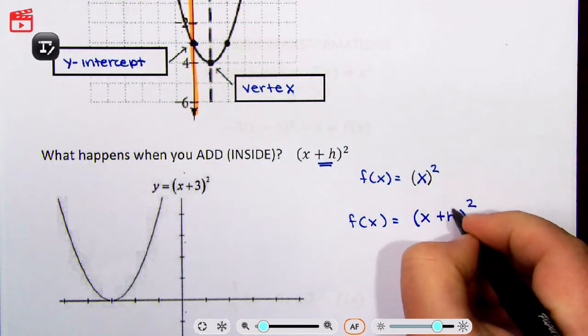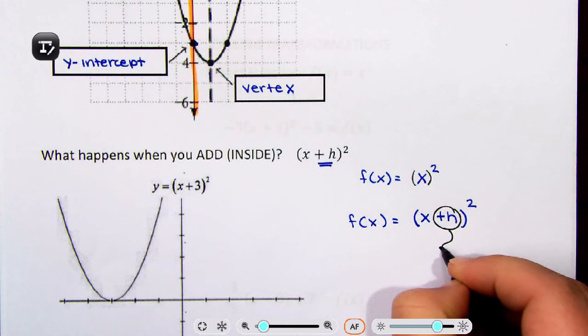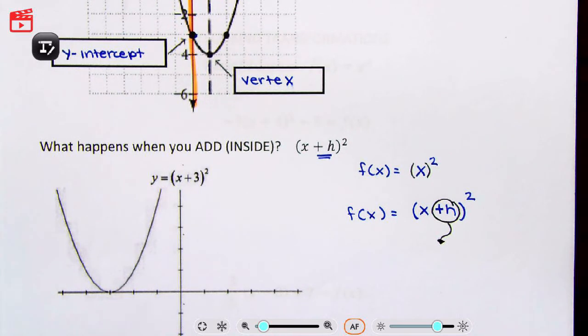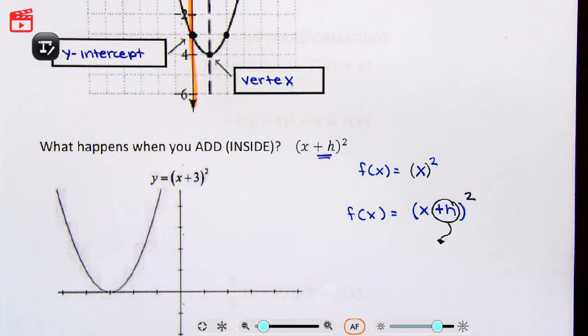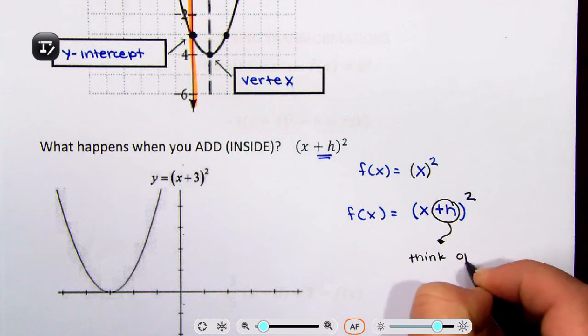I'm going to circle this plus h. Make sure you take the symbol with it. The best way to think about things that are inside the parentheses, inside the function, inside the square, is that you think opposite of what you see.